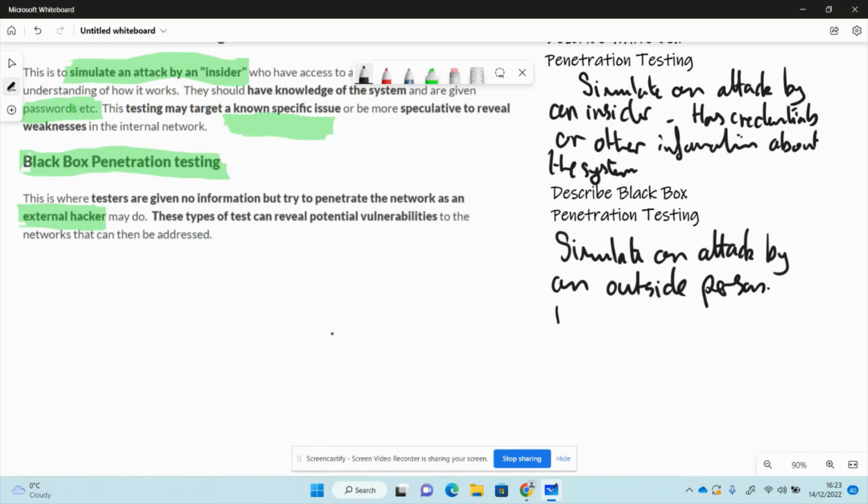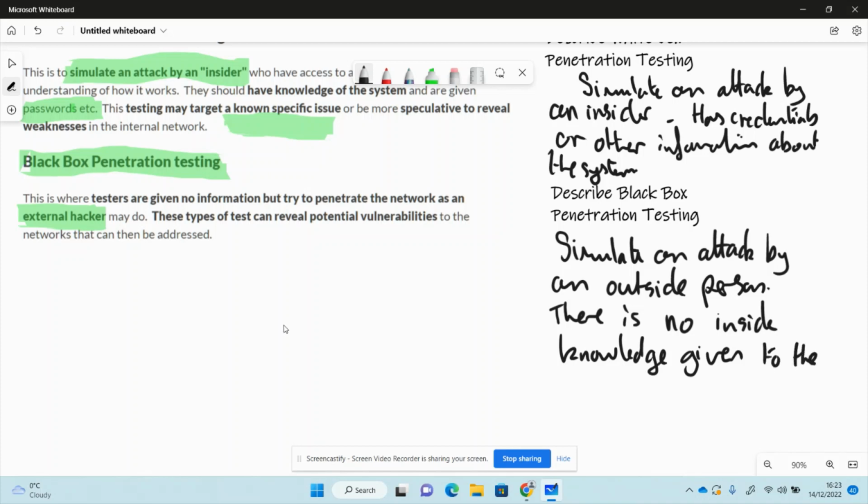So there is no inside knowledge given to the person trying to gain access. This is the idea of essentially trying to hack into or get into the system without knowing anything about the system.